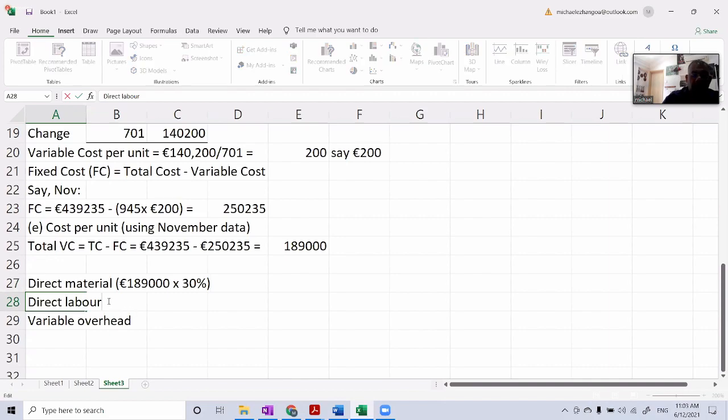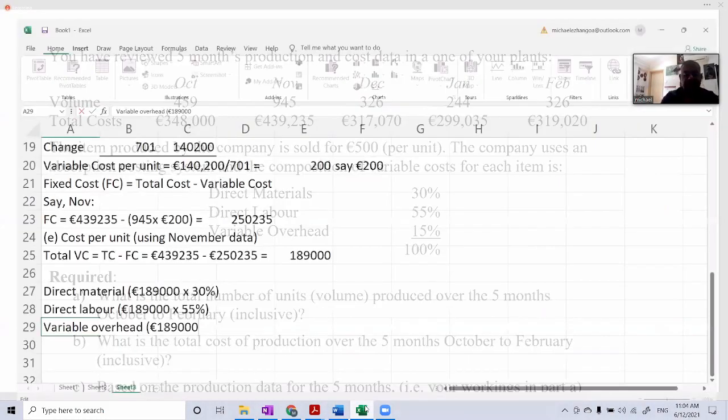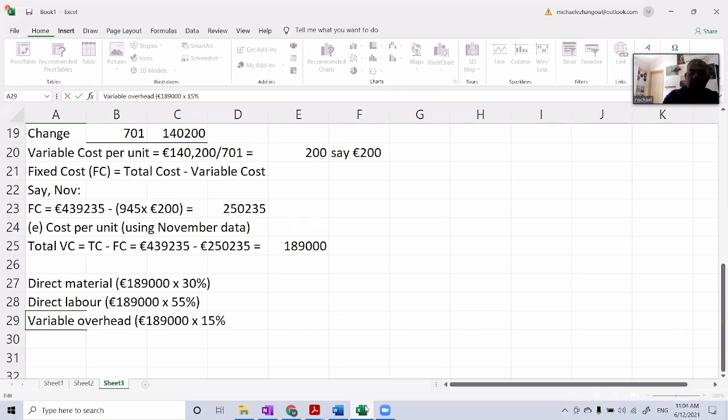Direct labor is 189,000 times 55%. Variable overhead is, let me check, 15%. Okay, 30, 15, 45. Yep.